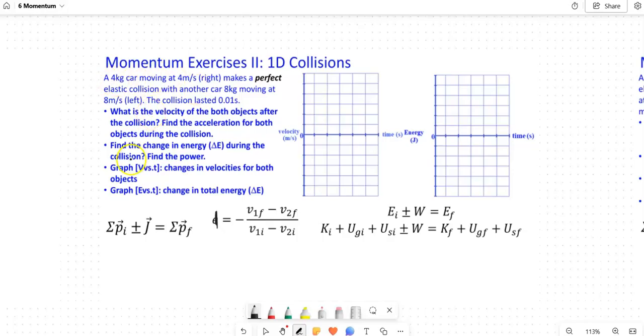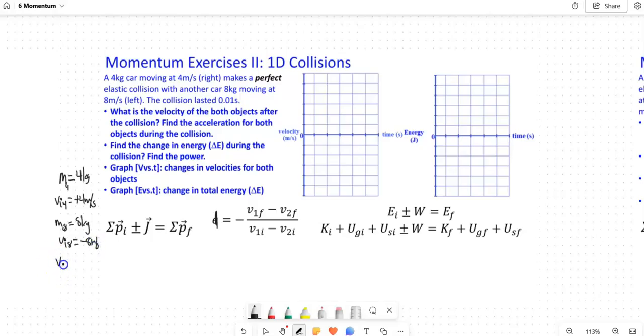Let's start off by making a list of variables that we have. We have a 4 kilogram object, and it has an initial velocity of positive 4 meters per second, and the other car is 8 kilograms, and it has an initial velocity of negative 8 meters per second.